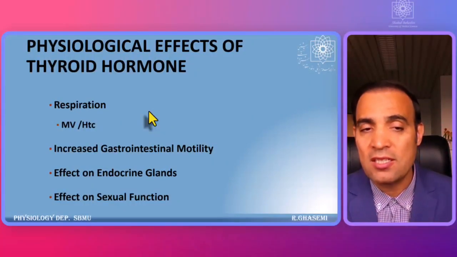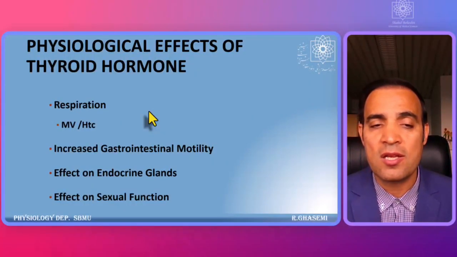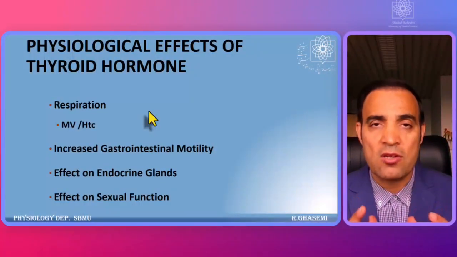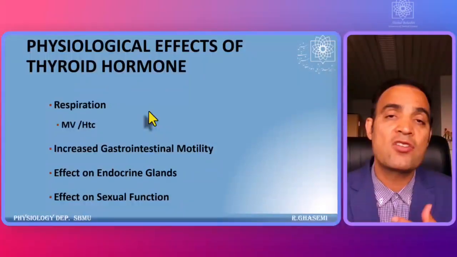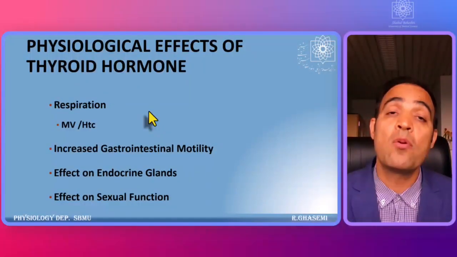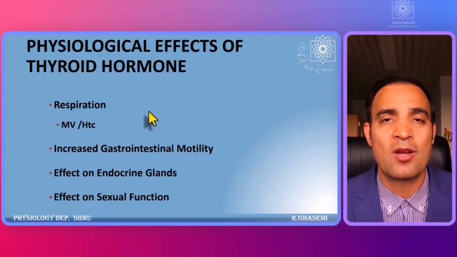And as you can see, and I wrote here, sexual function, normal production of gametes, normal function of the reproductive system also depend on the thyroid hormone.